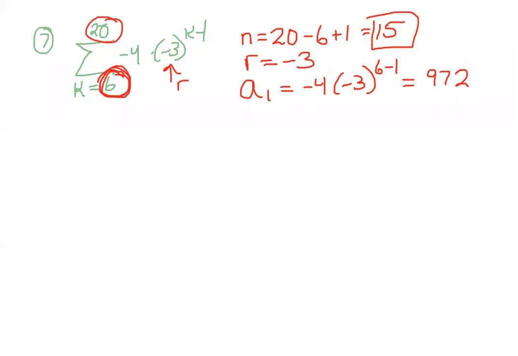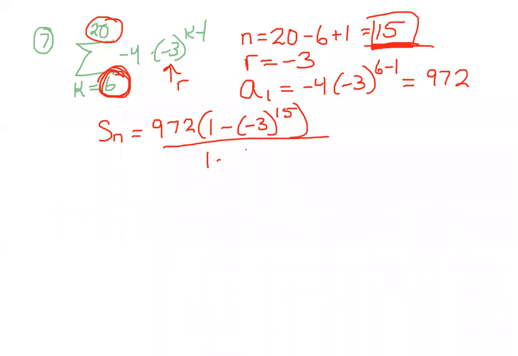Let me make sure that's right. We have -3 to the 5th power times -4 is 972. Yep. So that's our A1. So the S_N that we're looking for is 972 times 1 minus -3 to the 15th power over 1 minus -3. And this, again, is a huge number.